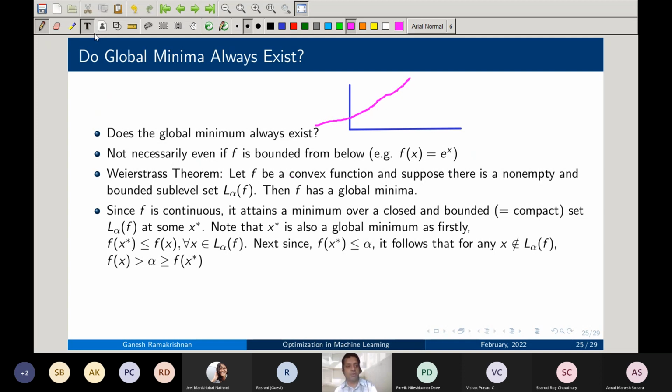So my homework problem for you is to delve a little bit more. You don't have to try and prove. So homework: think of and enumerate lots of functions, convex and non-convex, and deliberate on when you can realize a global minimum.